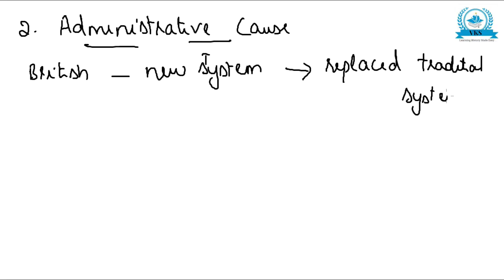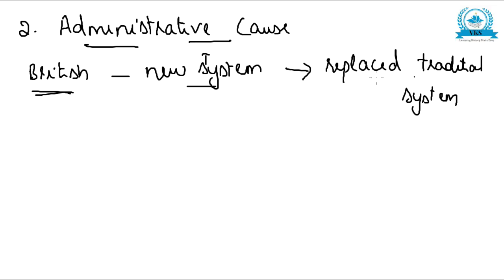Indians had a very traditional system of administration. When the British came, they introduced a new system which replaced it. So that became a problem for the Indians.